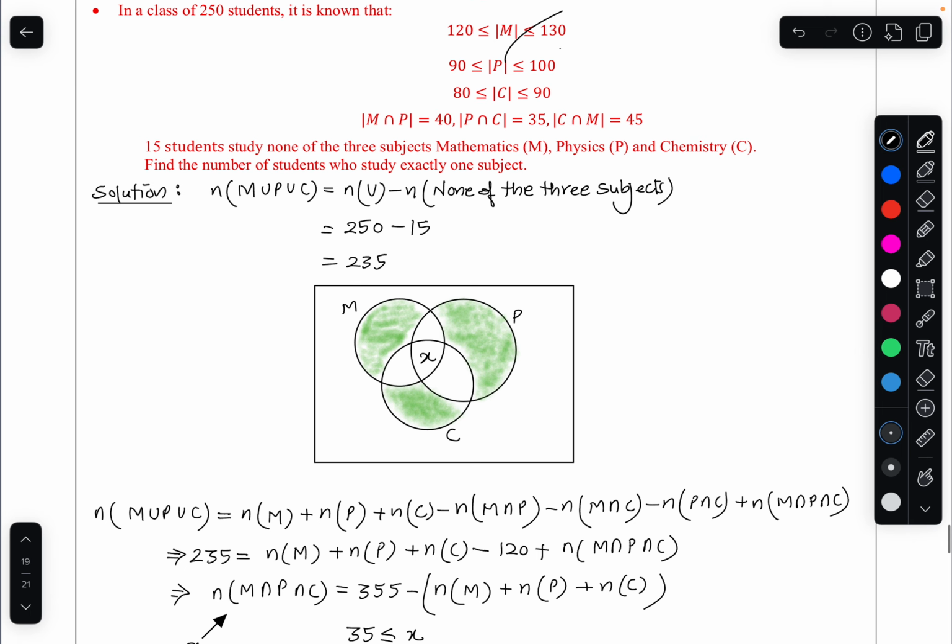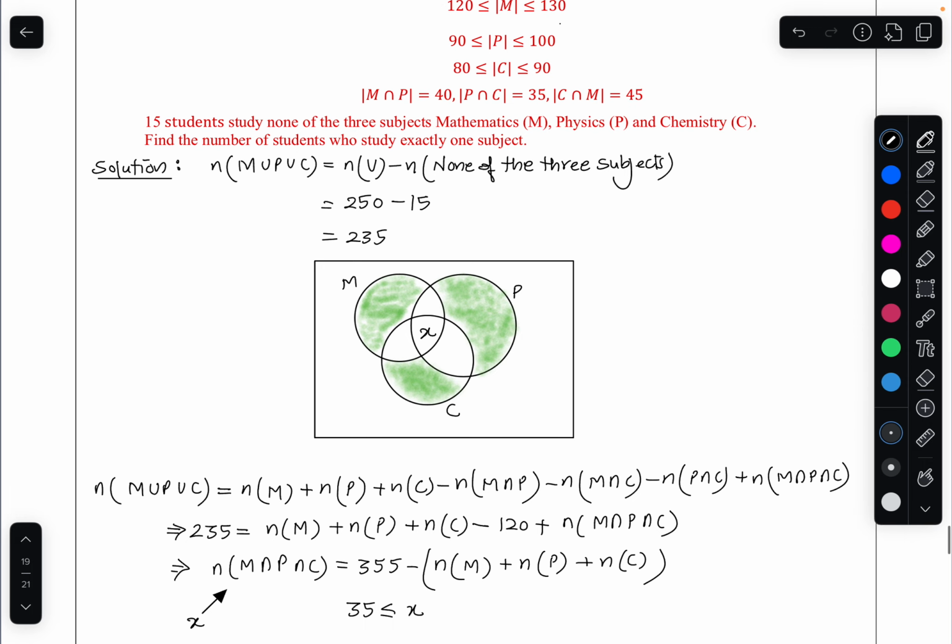And when I use these lower bounds, M, P, and C have 120, 90, and 80 here. When I use these, I will have 210 plus 80, that would be 290. These are the minimum possible. So the maximum possible value of X can be 355 minus 210.